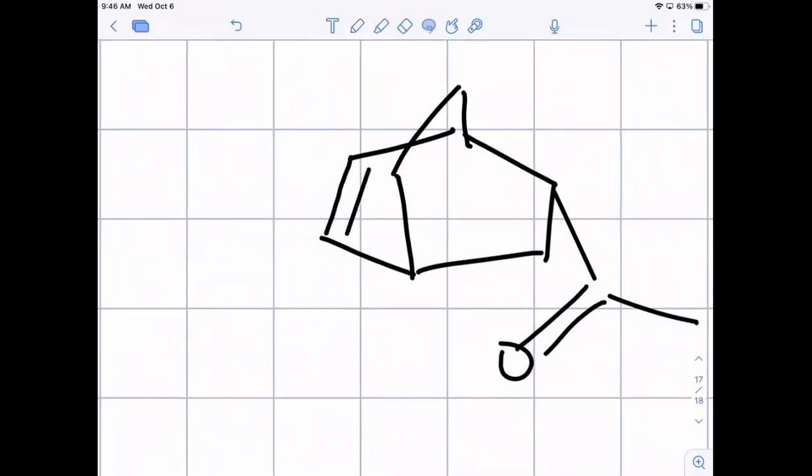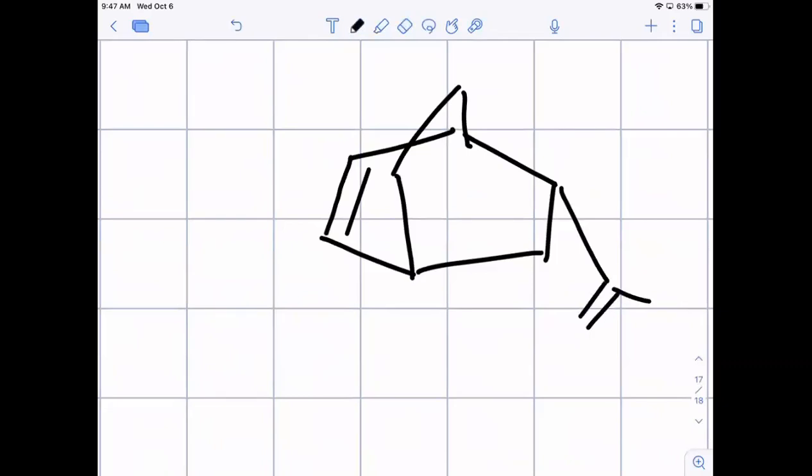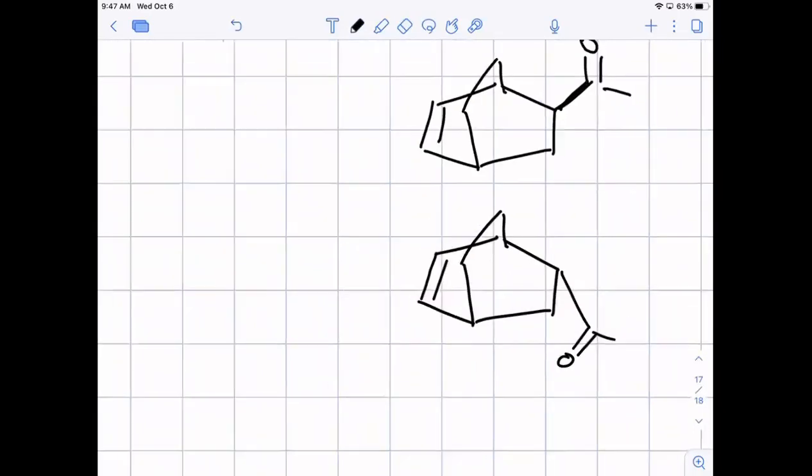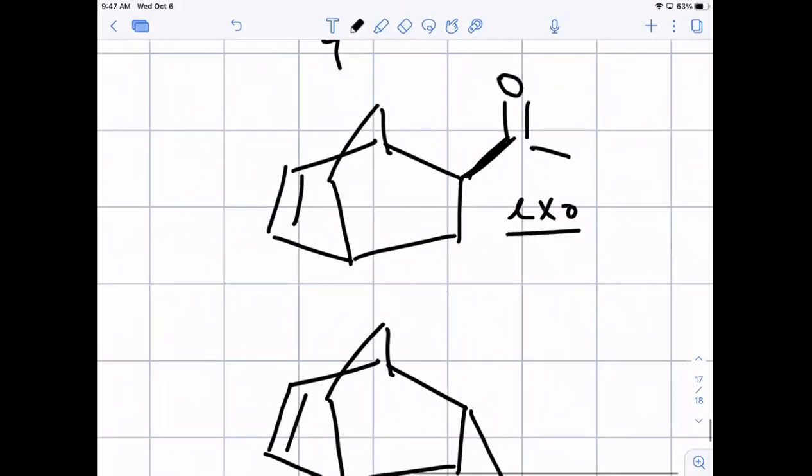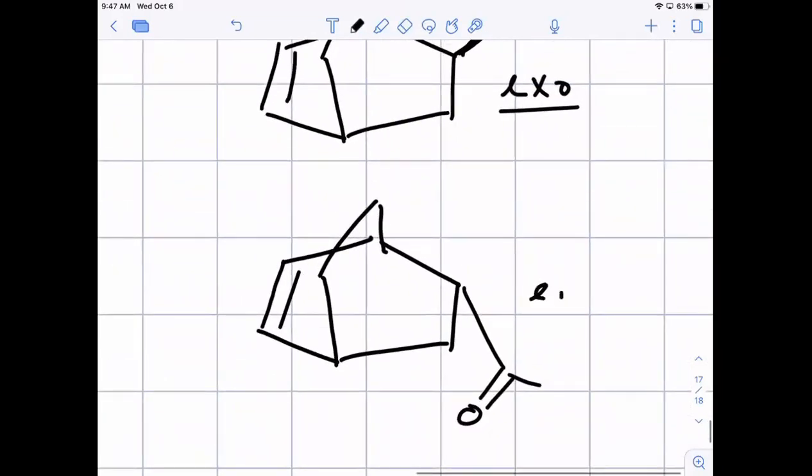Let me fix that bond. So your carbonyl is actually underneath that ring system. This is what we call exo, and this one is what we call endo. Exo means outside, endo means inside. So that carbonyl is underneath this ring system.